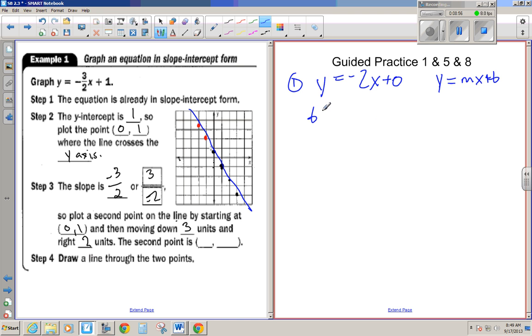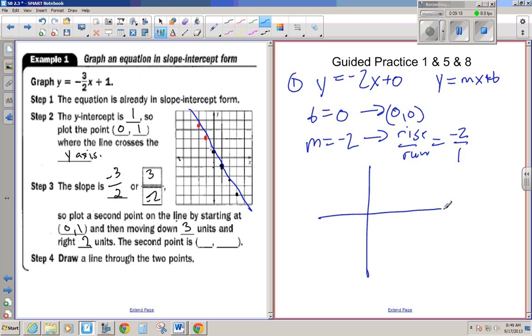So our b value is equal to 0, which means 0, 0 is my y-intercept. M equals negative 2, which means my rise over run could be negative 2 over 1.